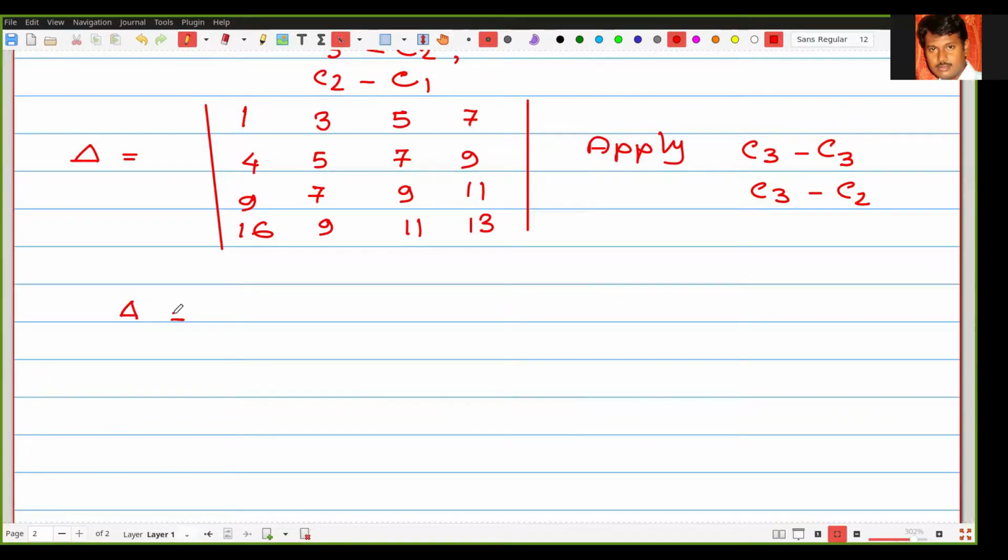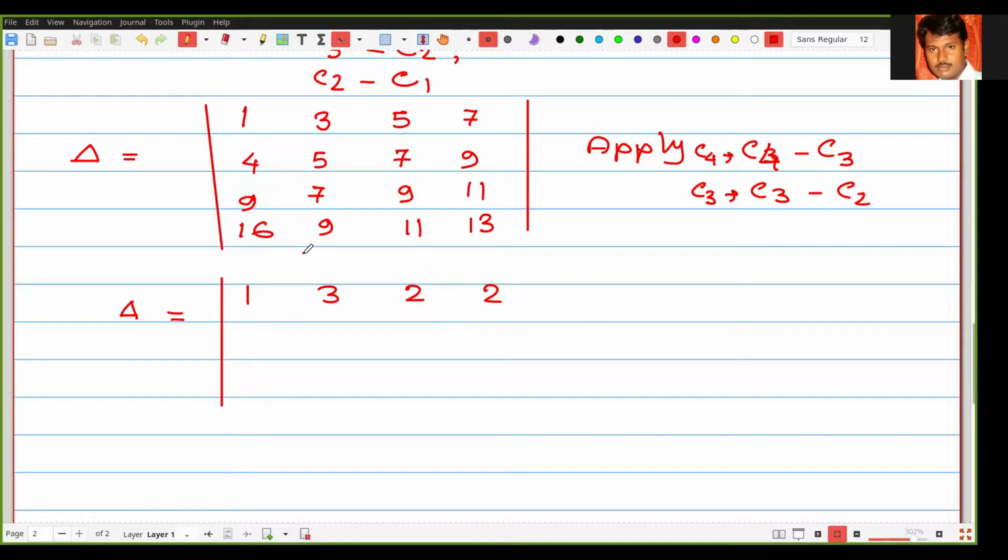So delta is equal to now 1, 3, 2, 2. That means we are changing C4, column 4 minus column 3. So C4 is changing to C4 minus C3 and column 3 is changing to column 3 minus column 2.